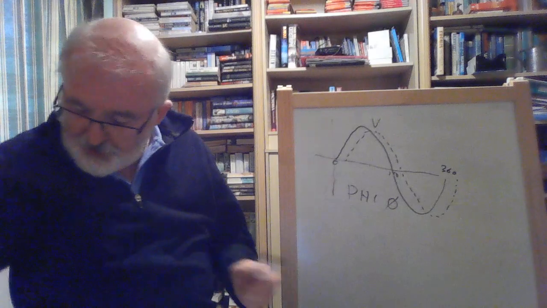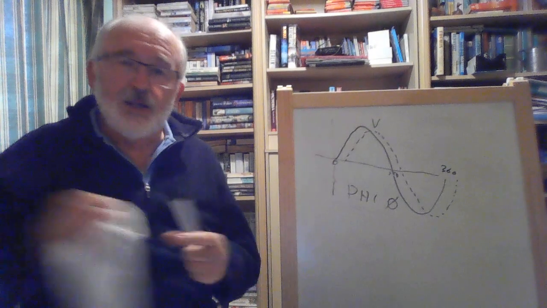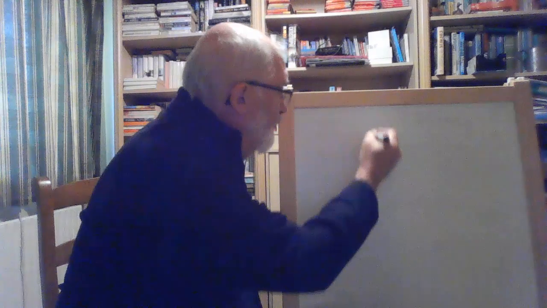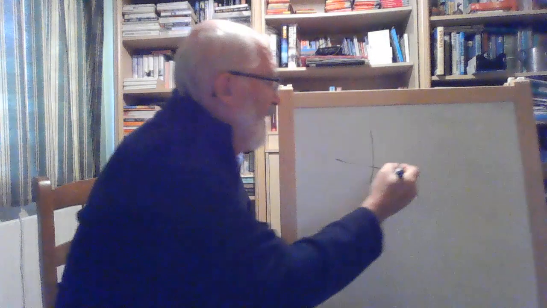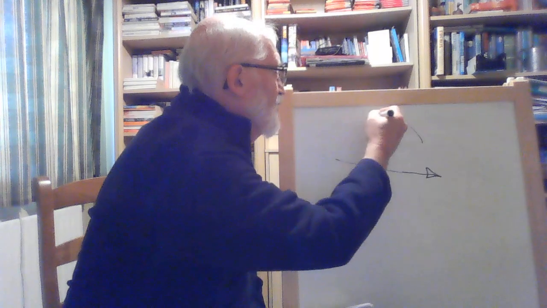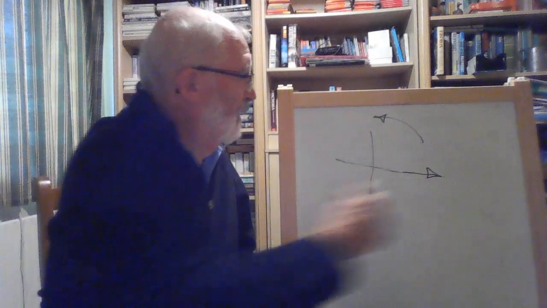Okay, so if I show this voltage and this current rotating round in something we call a phasor diagram, we'll find that the voltage rotates that way, always rotates anti-clockwise, don't ask me why.